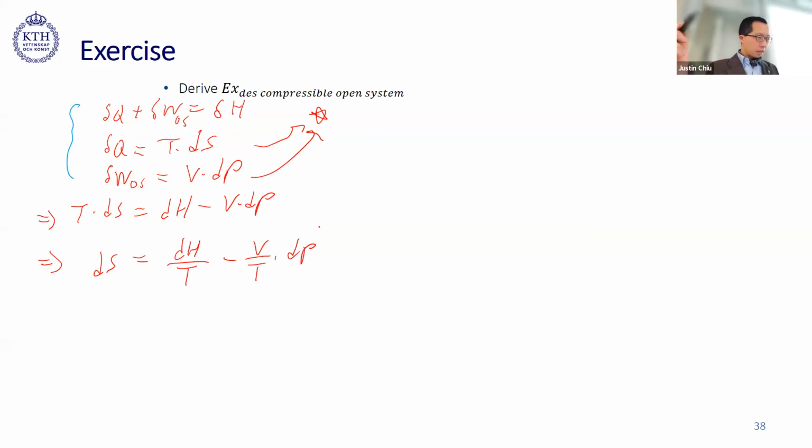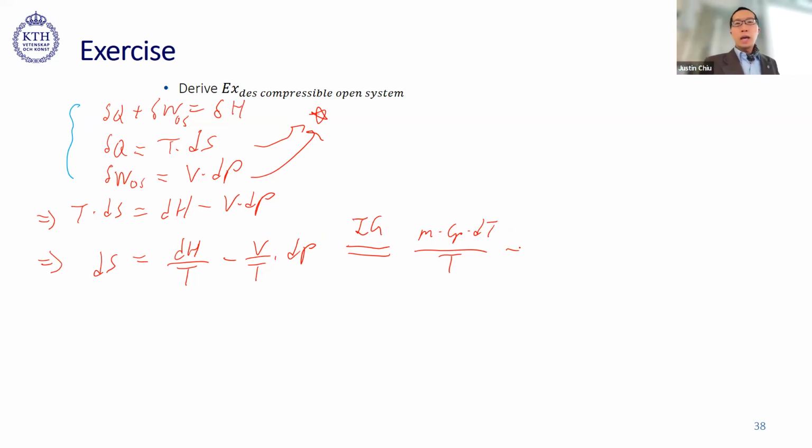I get this. And then if we have an ideal gas, IG condition, I know that dH is mCp delta T, right? mCp delta T over temperature, minus, and earlier we said what is PV in ideal gas?